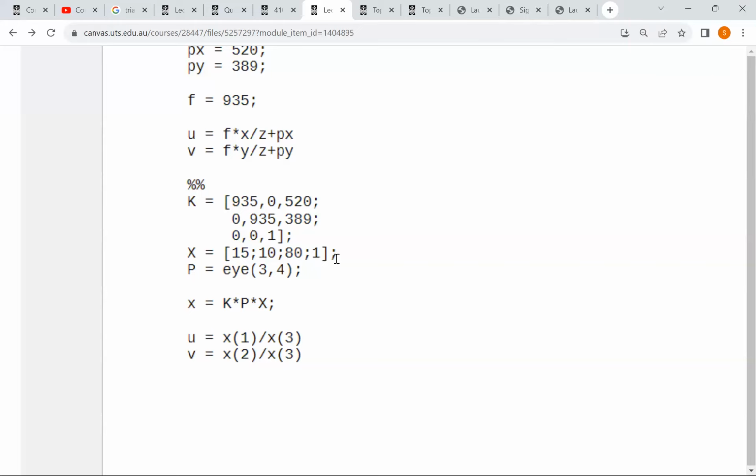And then what you get from that equation is the small x, right? The small x is the homogeneous 2D point.